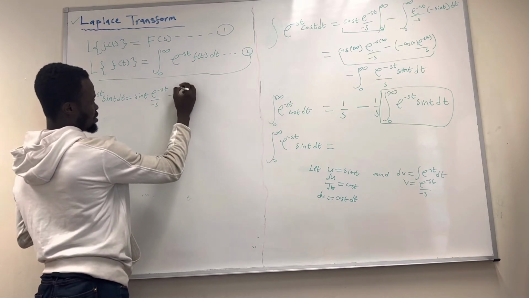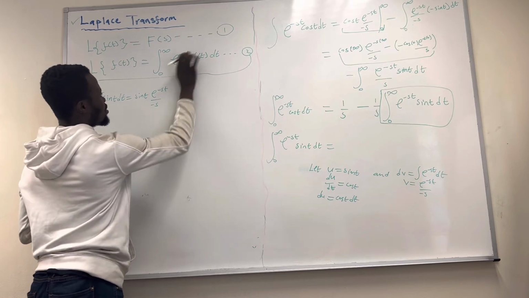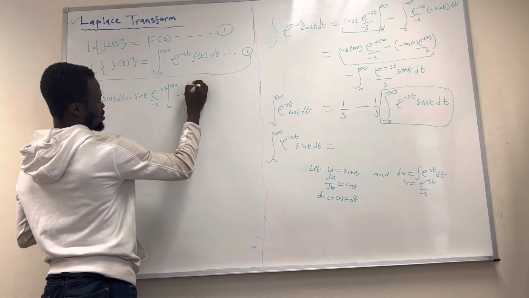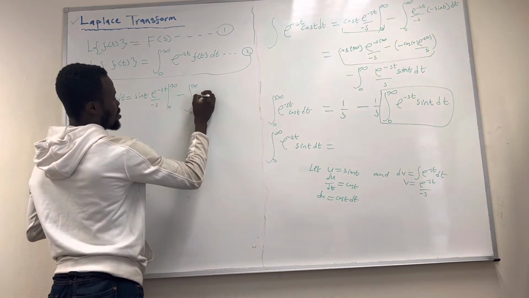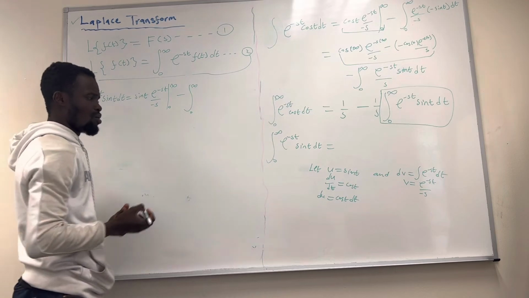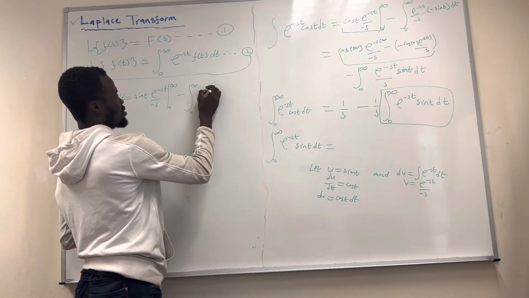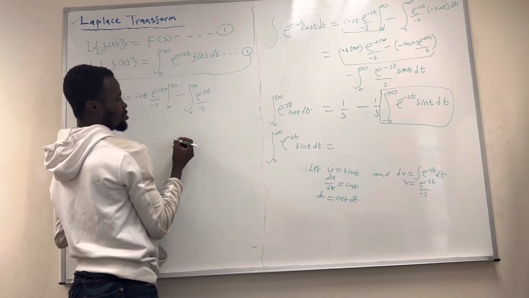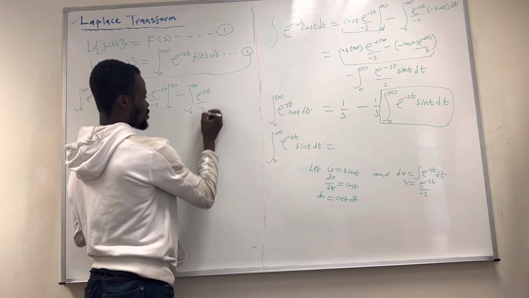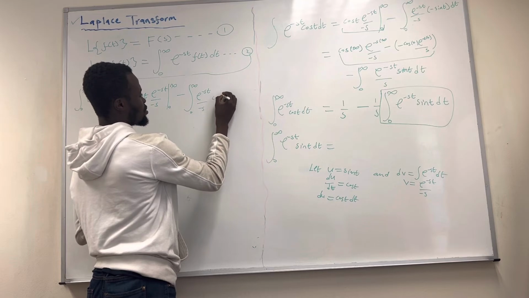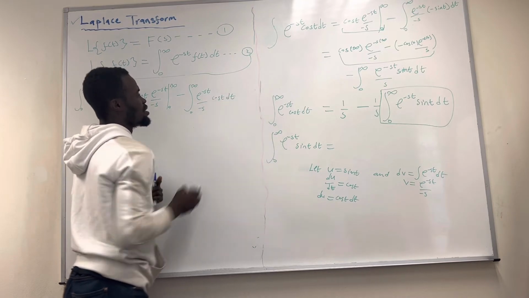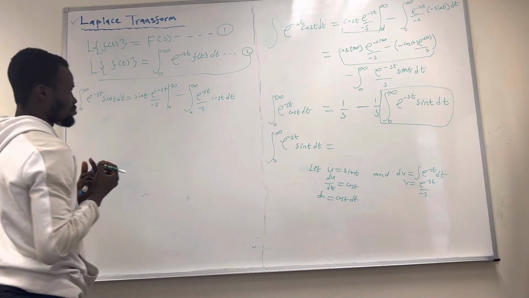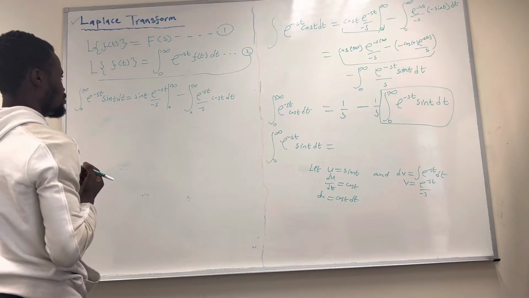Okay, minus, let's put in the limit, minus this. Okay, so now what is your v? This over negative s. What is your du? Your du is cos t dt. Okay, good. So now this is what we have to do.